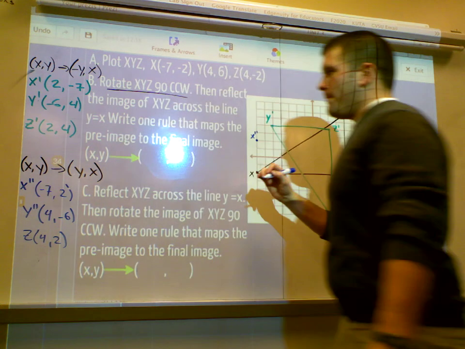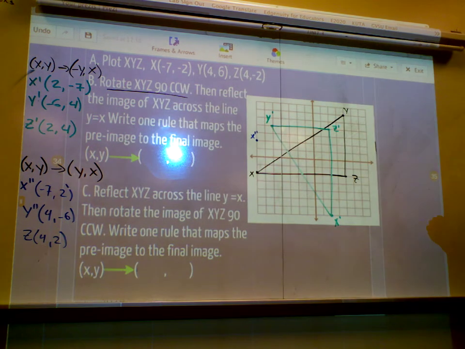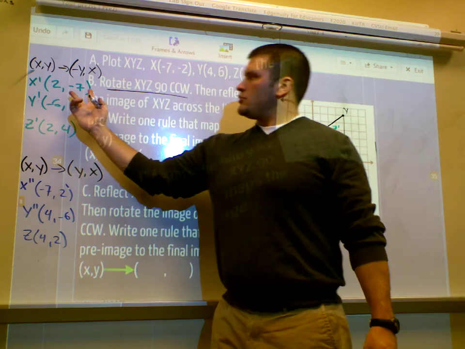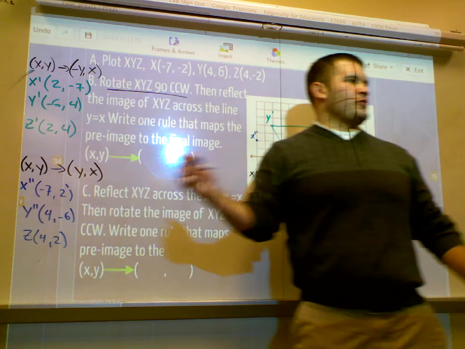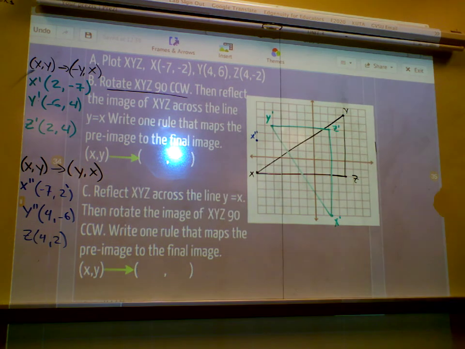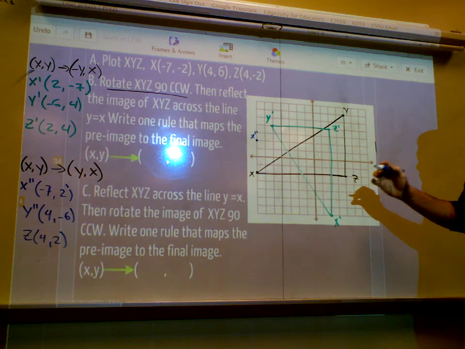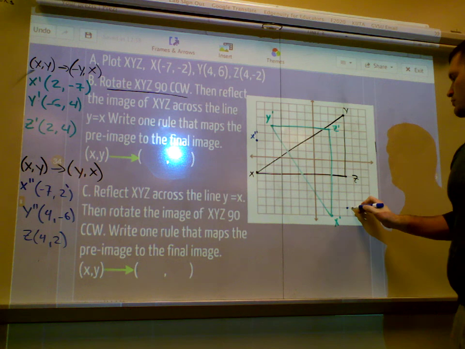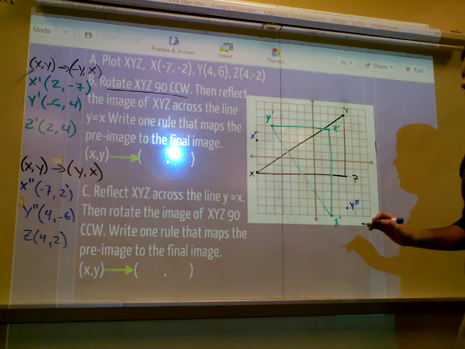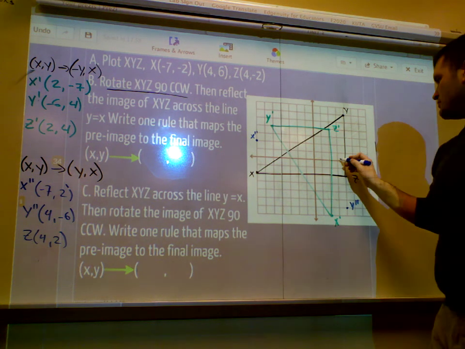X double prime what? Because we're going from the image, right? Not the original, not the pre-image. 4, -6. And z is at 4, 2.